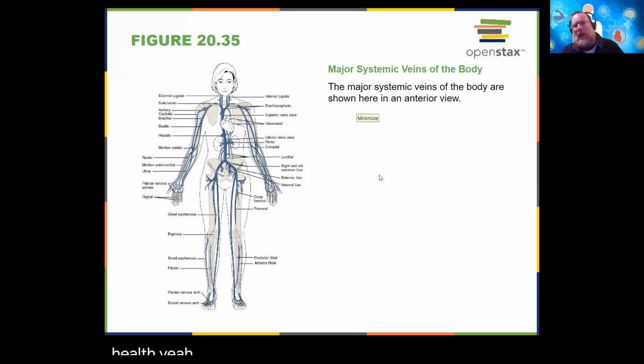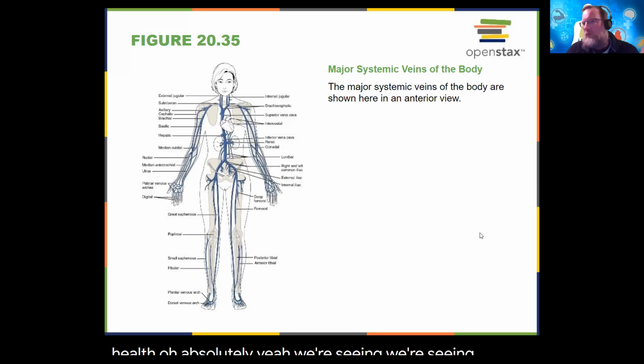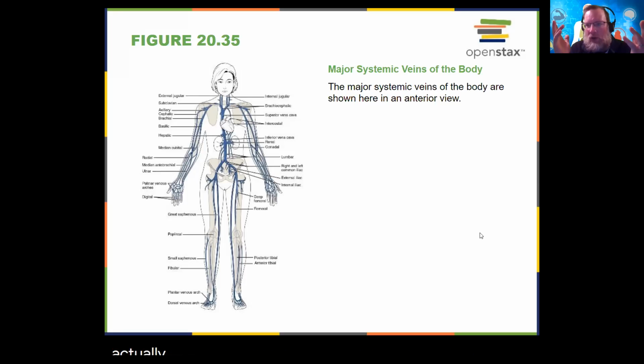Oh, absolutely. We're seeing COVID really wreaking havoc on obesity. It's interesting too, because America is probably the only country where obesity is an epidemic in and of itself. We talk about COVID being this new pandemic.